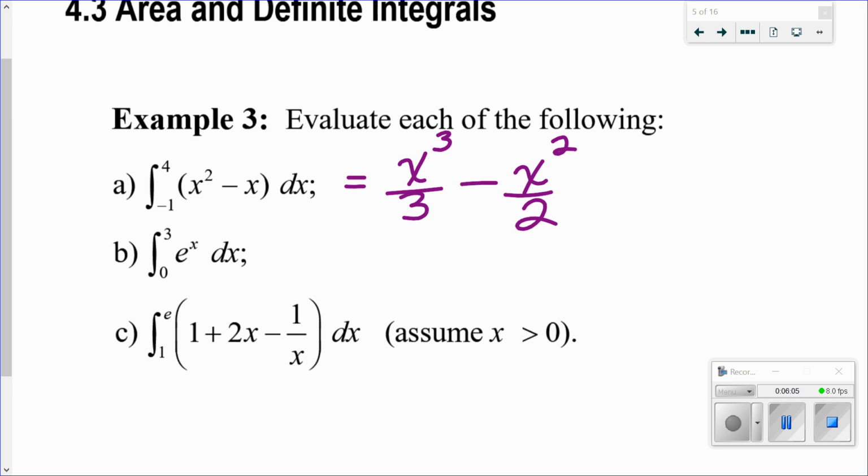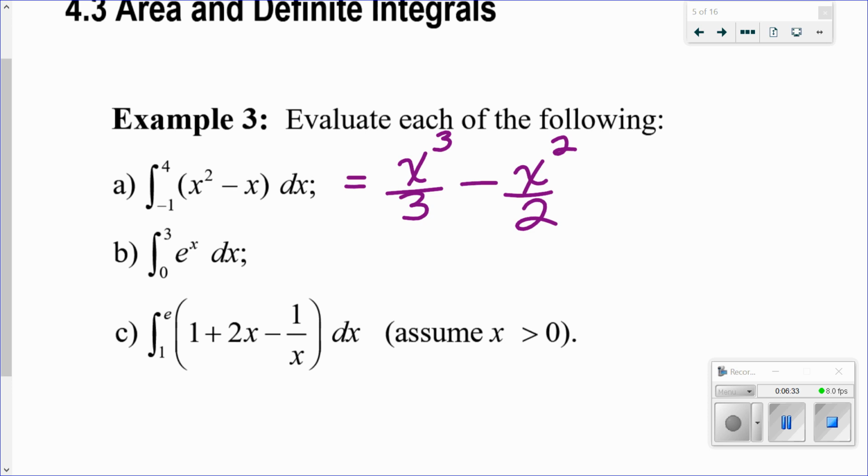Now we want to plug in values. Again, I would put this in my calculator, which is what I'm going to do right now. So y equals, and we're going to have x cubed divided by 3, minus x squared divided by 2. Go to the table, and I'm going to plug in 4.